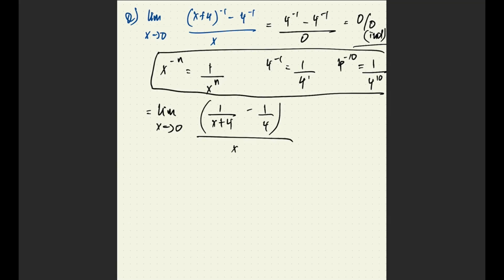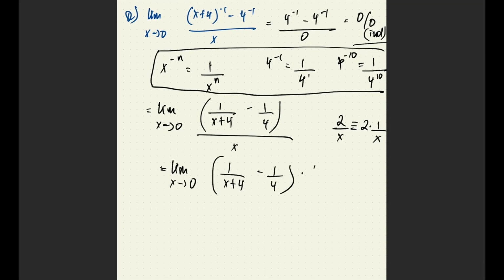Now remember that when we have 2 over x, for example, this is the same thing as writing 2 multiplied by 1 over x. So using this, we can also rewrite our original limit as the limit as x approaches 0 of 1 over x plus 4 minus 1 over 4, the whole thing multiplied by 1 over x, which basically is the same thing as this.